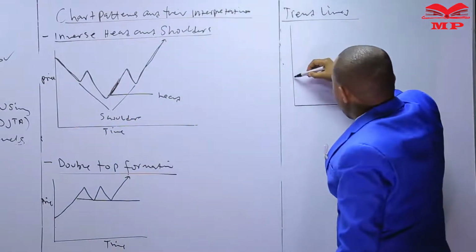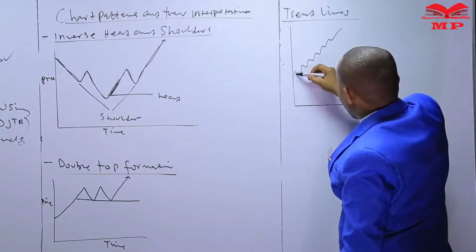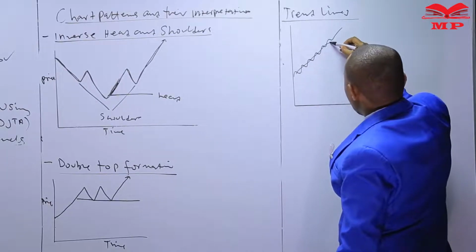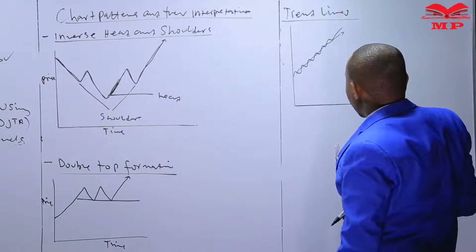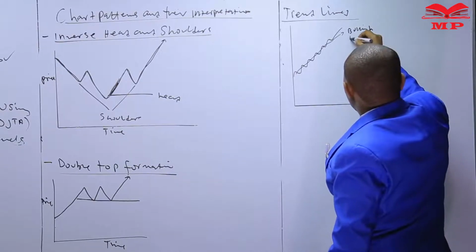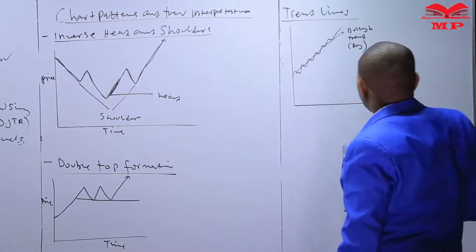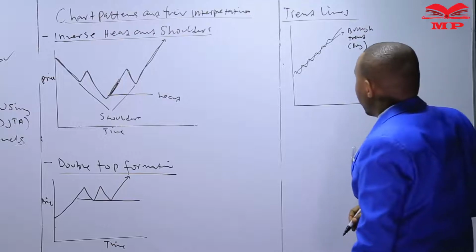So if you find security prices moving like that, and the general trend line is moving like that, in the Dow Jones Industrial Average moving in that direction, that is a bullish trend, buy trend. That's when you're supposed to buy.